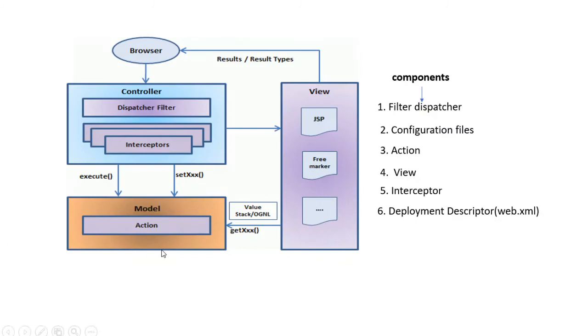From the coding point of view, we can say an action is represented by a bean class. Here we have multiple bean classes, and according to the particular request, the dispatcher will call a particular bean class. Okay, and once you're done with this, the user will get the view or result.